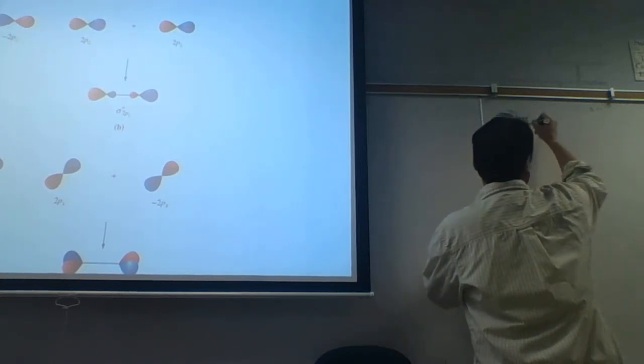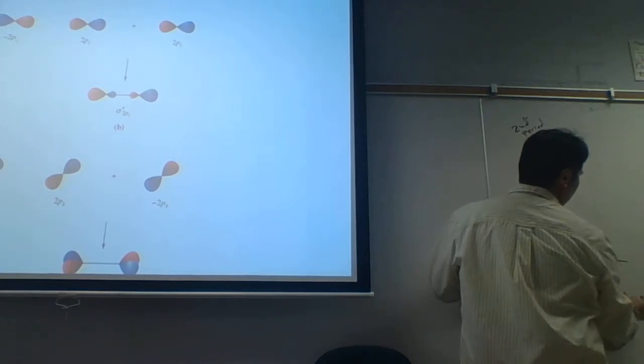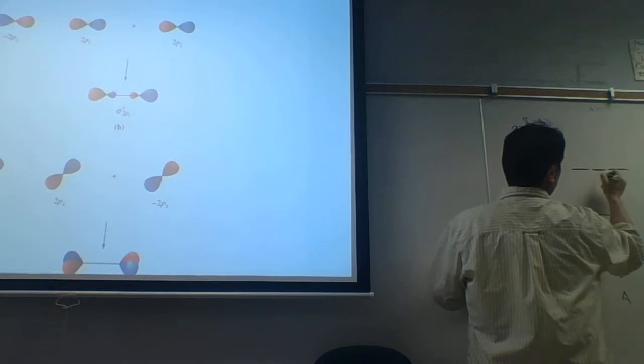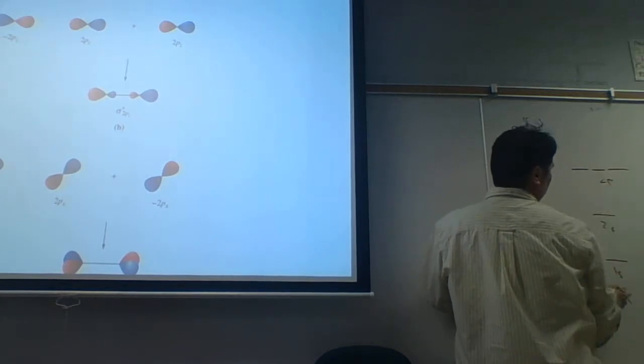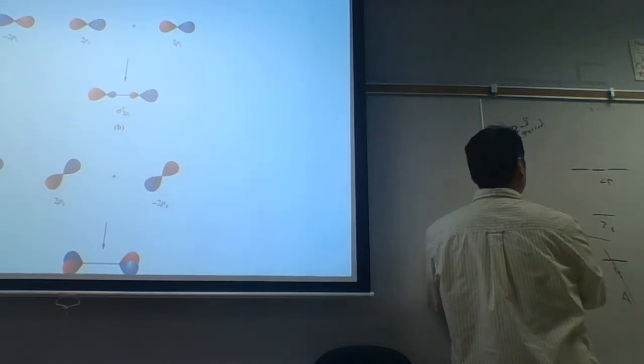When we go to the second period, we have the 1s, this is atom A, 1s, and then the 2s, and the 2p, so we'll write it like this. We're going to ignore the 1s, the core, and just focus on the valence here.